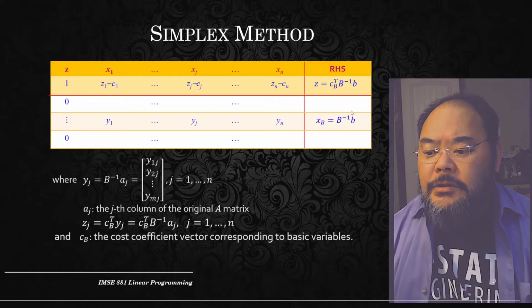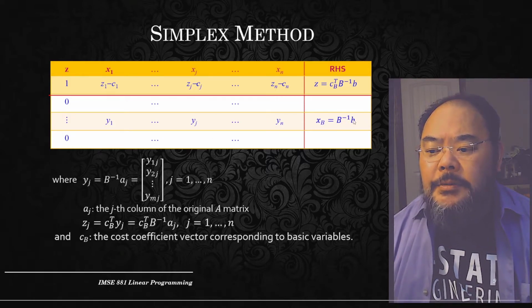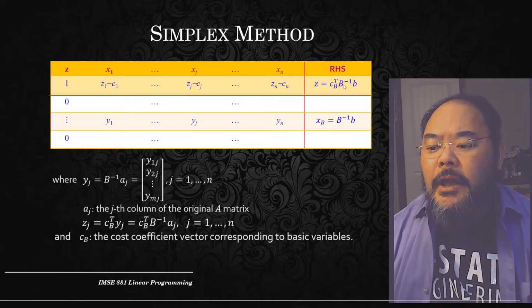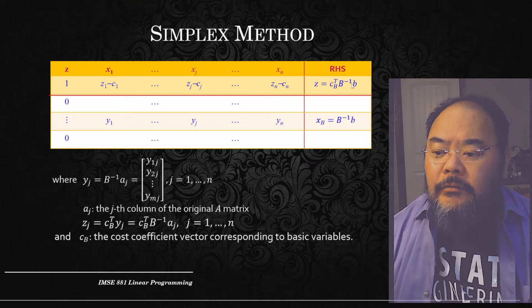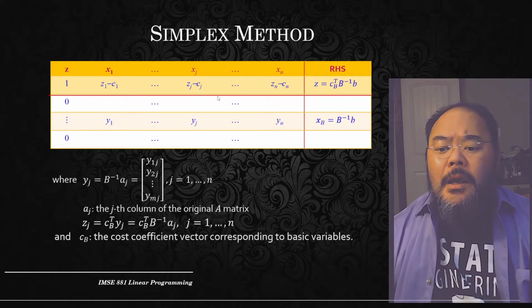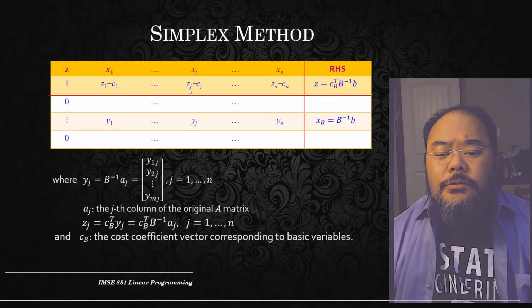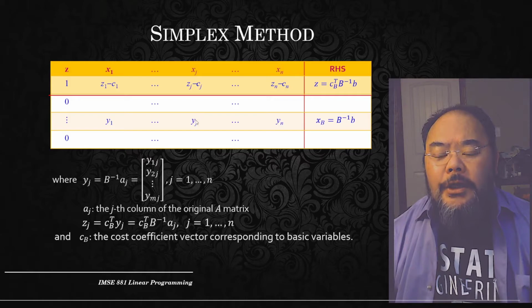The current basic solution is always B inverse times b, remember that. And the current objective function is cB transpose times xB, which is cB transpose times B inverse times b. And zj equals cB transpose times yj, which equals cB transpose times B inverse times aj, where aj is from the original matrix.